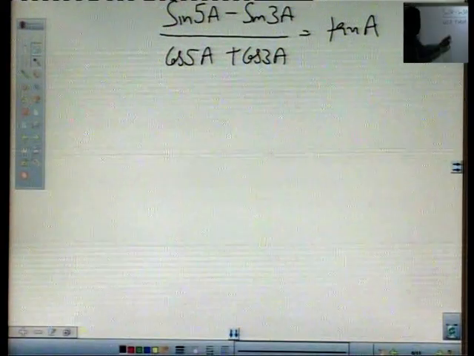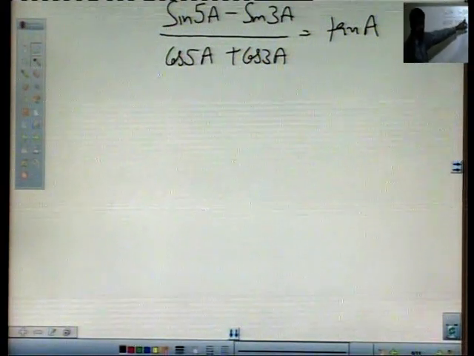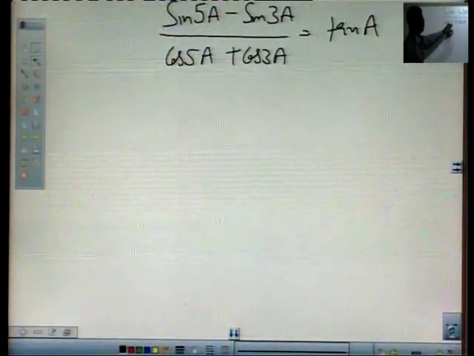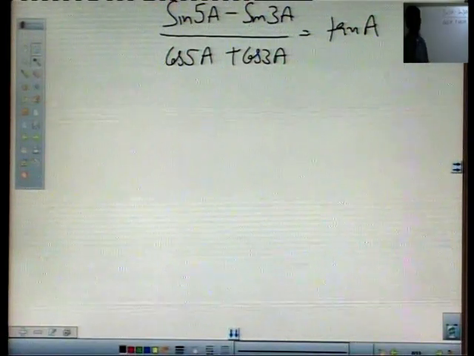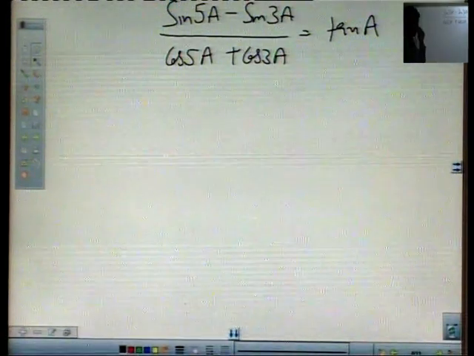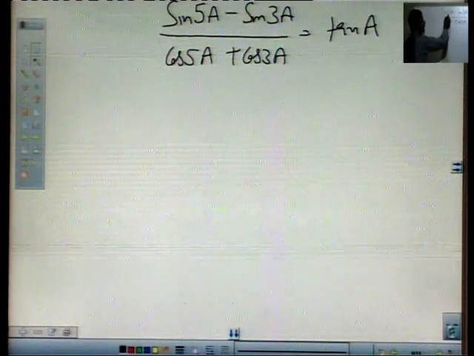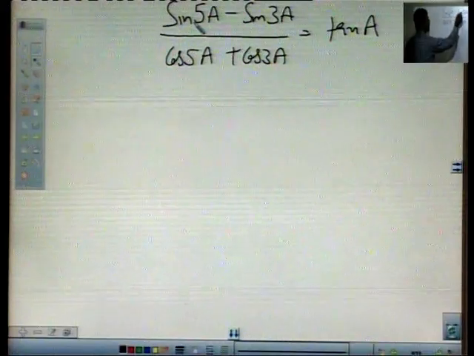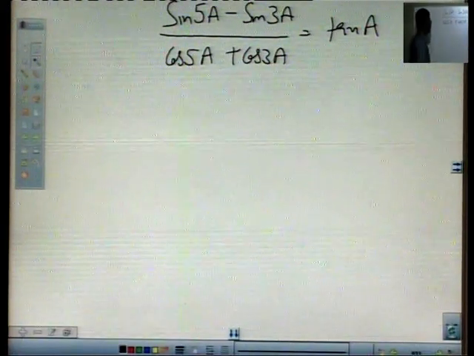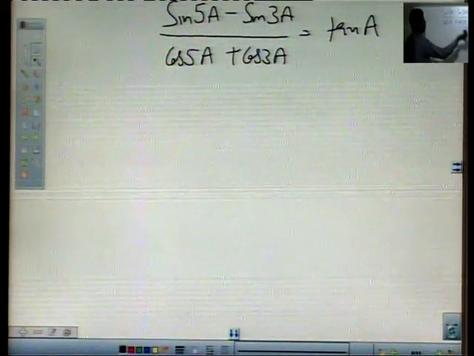Now sine of 5a minus sine of 3a upon cos of 5a plus cos of 3a. This is simply a case of sine C minus sine D over cos C plus cos D.